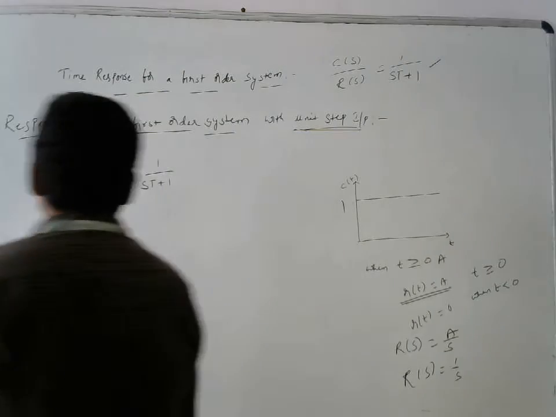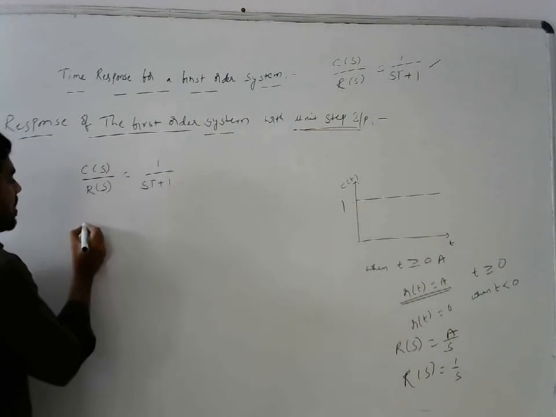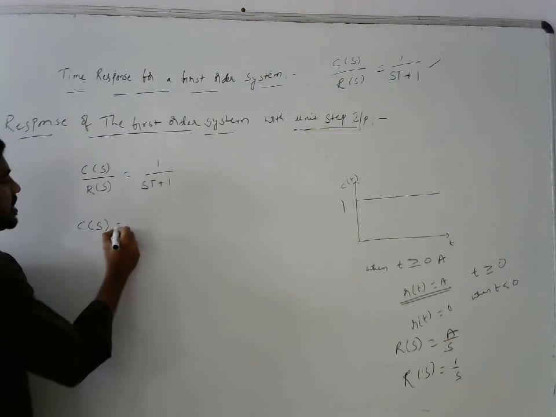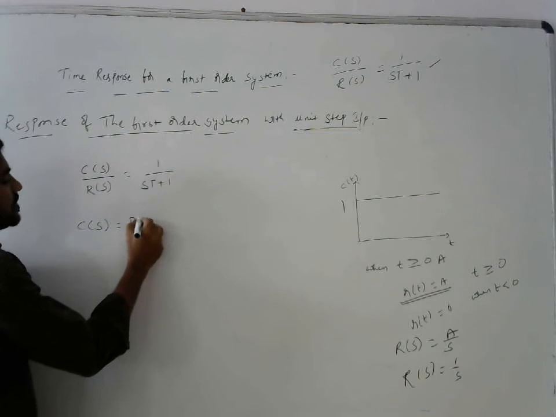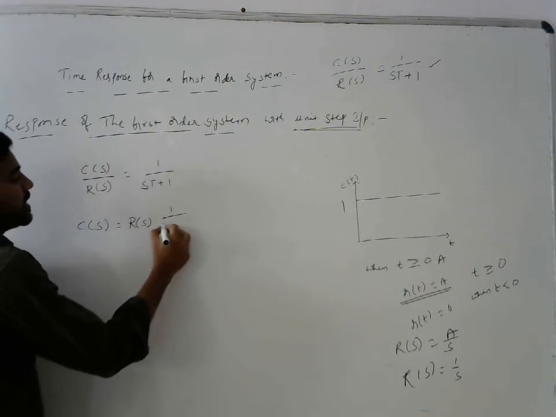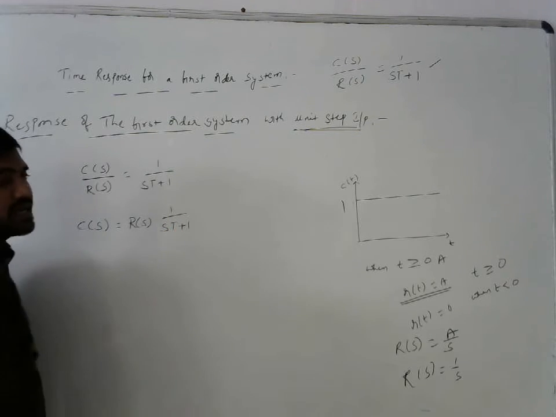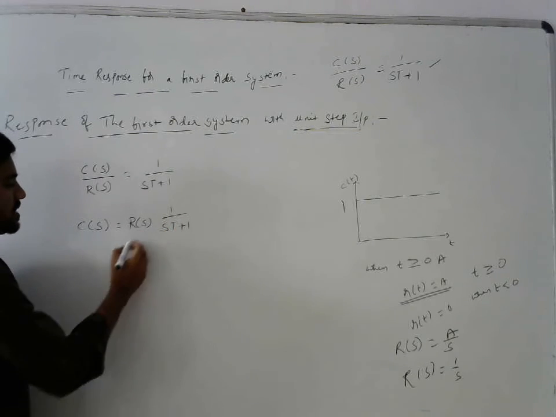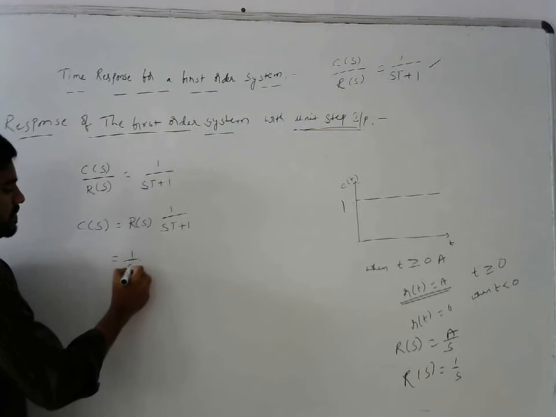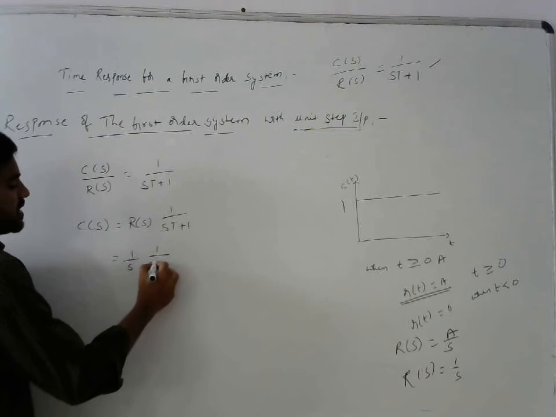So how it will vary: C(s) is equal to R(s) into 1 divided by sT plus 1. In the place of R(s), 1 by s into 1 by sT plus 1.